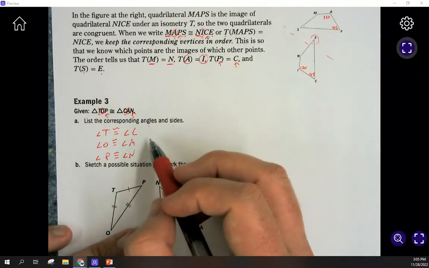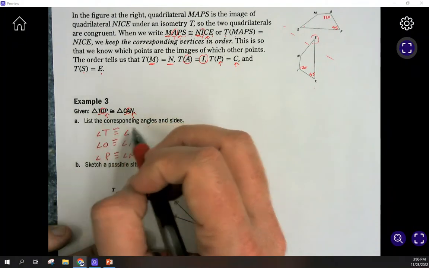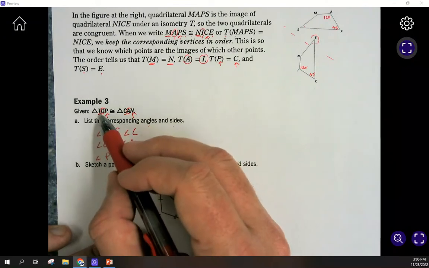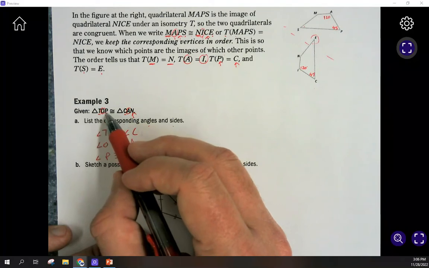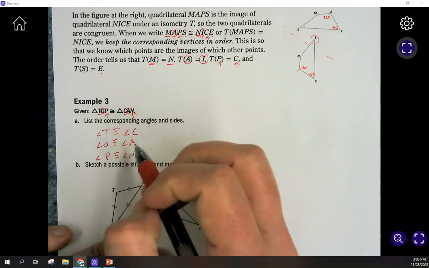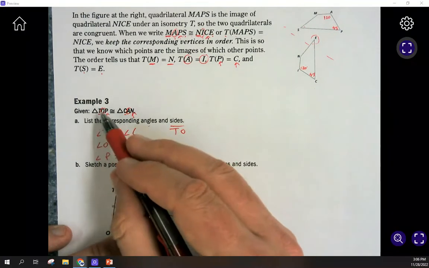Now that's just the angles. Let's list the corresponding sides. You can put these together in pieces. Okay, it's a triangle, so there are 3 sides. The combination of the first two, TO, the combination of the second two, OP, and then the combination of the first and the last letter. So there's a side of this triangle that is TO.